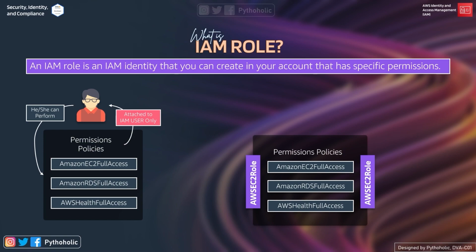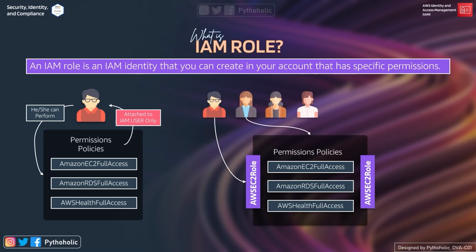For example, I can create a role with the following policies by the name of AWS EC2 role that has all these 3 policies attached to it. And the interesting part is this role can be attached to the users like you and also to the services like EC2 or Lambda, which allows them to perform operations on services that they want or that you want.